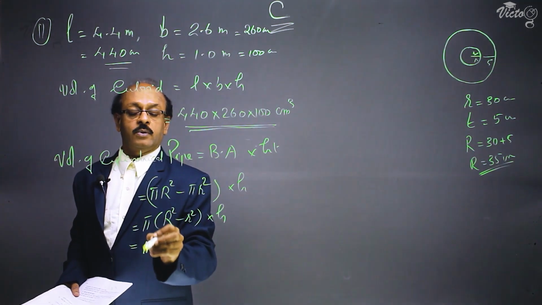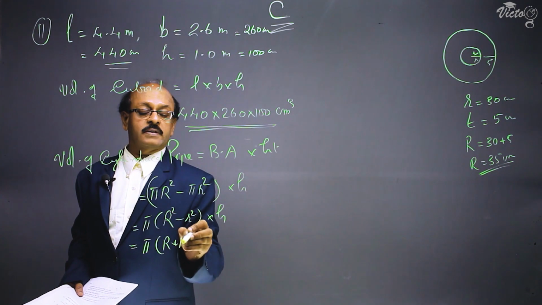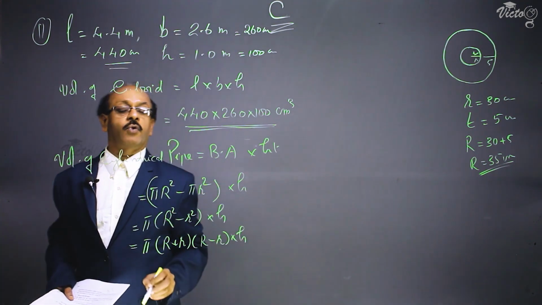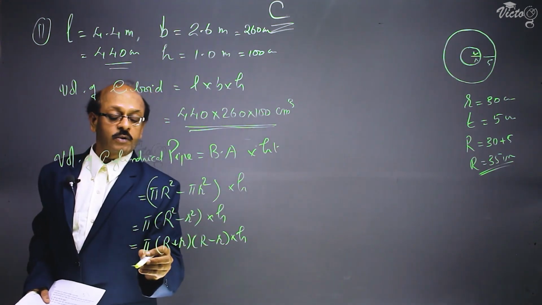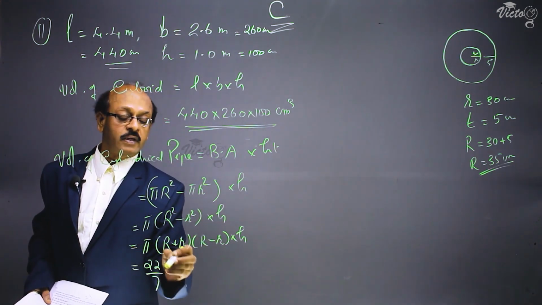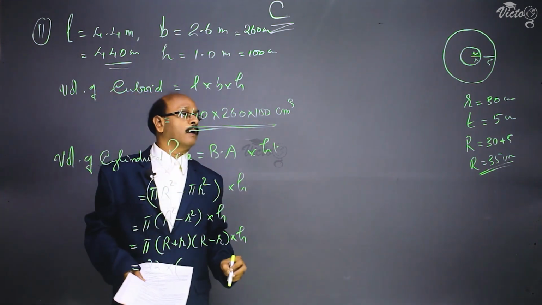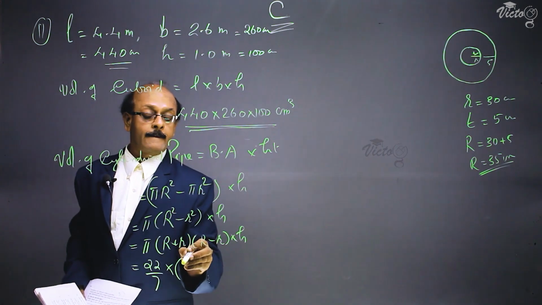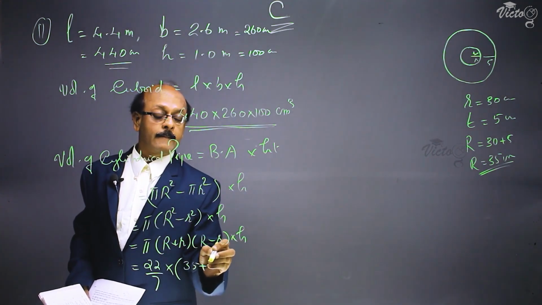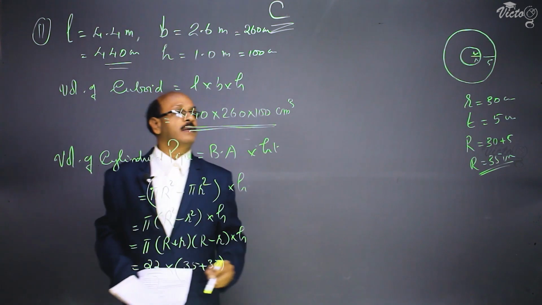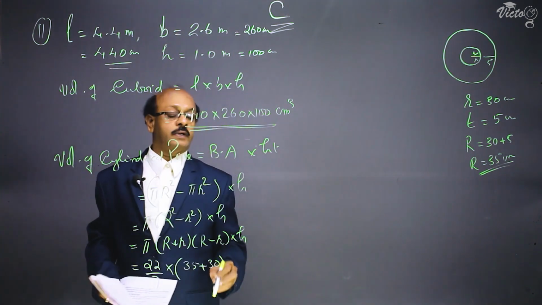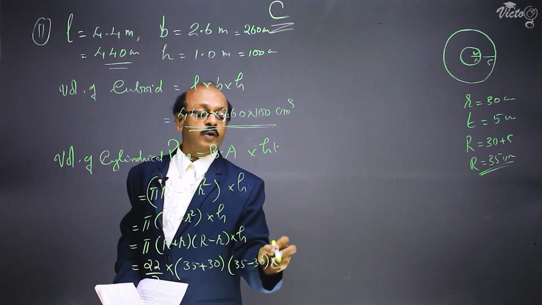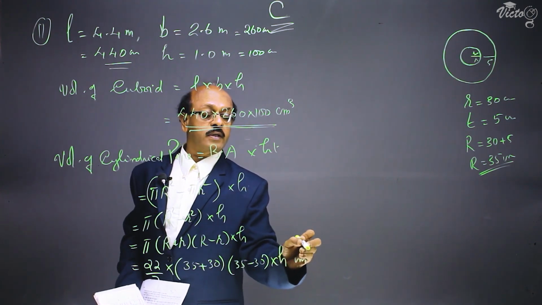This is equal to pi into R plus r into R minus r into h. This is the volume. Giving values, it is 22 by 7 into R plus r, 35 plus 30, into R minus r, 35 minus 30, into h centimeter cube.